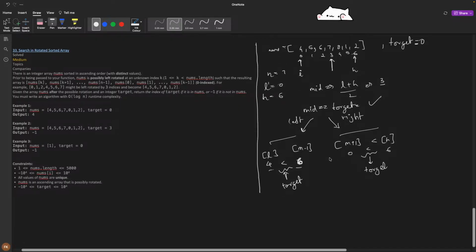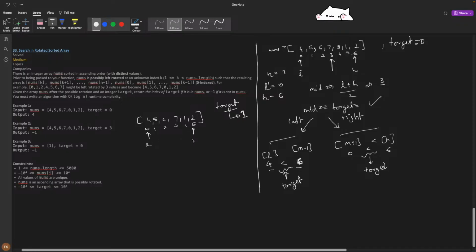But there might be a case if, for example, we had the array as 4, 5, 6, 0, 1, 2, 7, and our target was 1, for example.